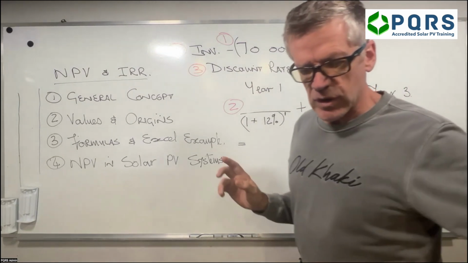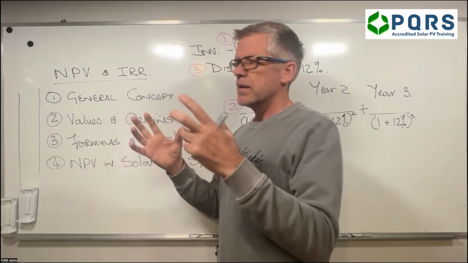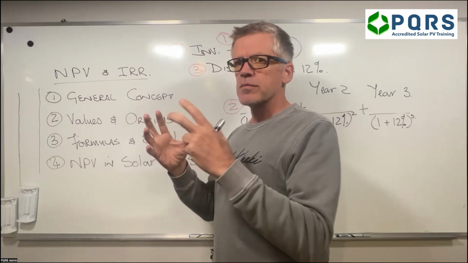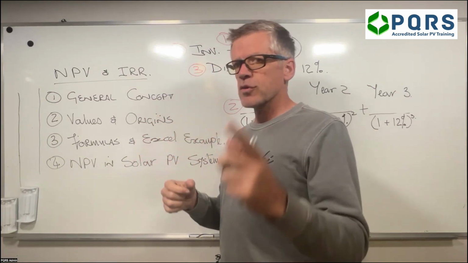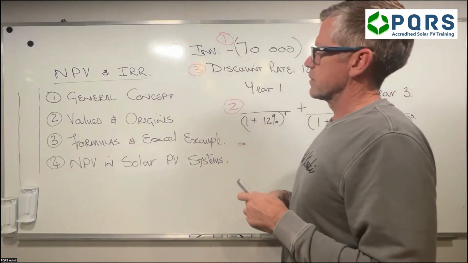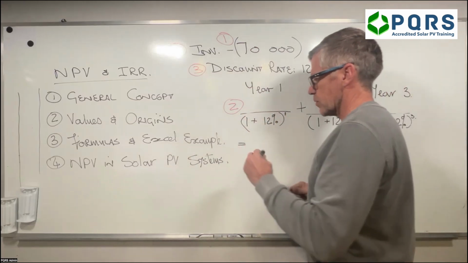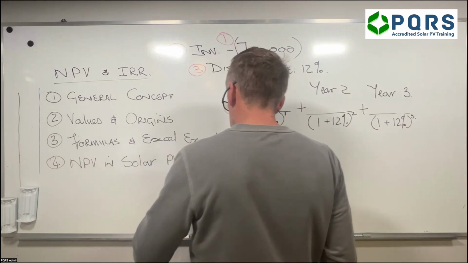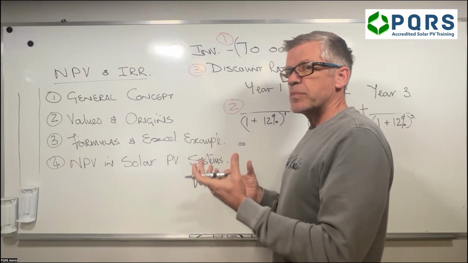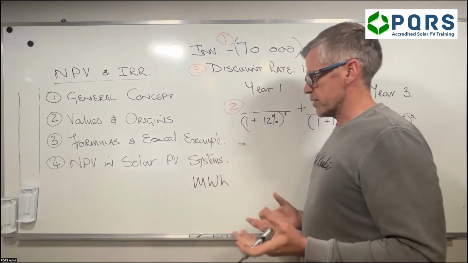If you have simulation tools like Helioscope or Open Solar or PVsyst, that simulation gives you the amount of megawatt hours per annum that your customer is going to see as a return from the system, from the benefit of having the system. So you are probably going to take the megawatt hours and allocate a percentage to them, because they won't be using all of the power.